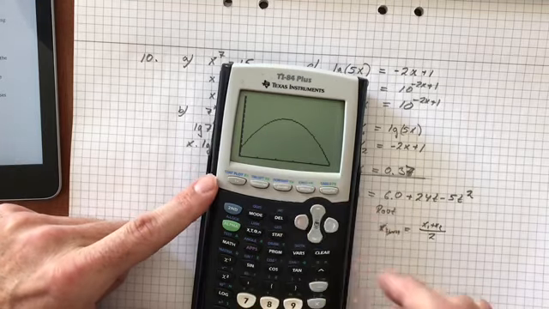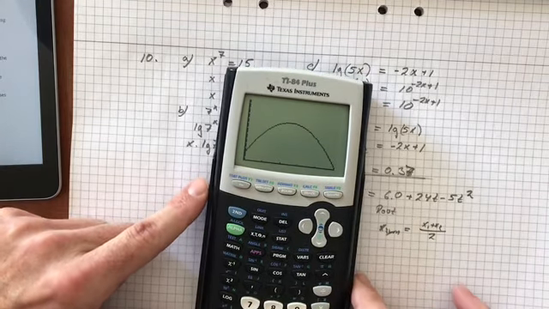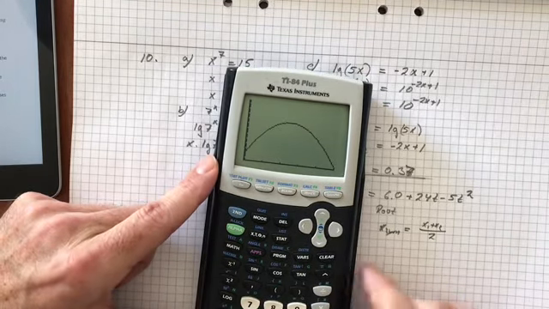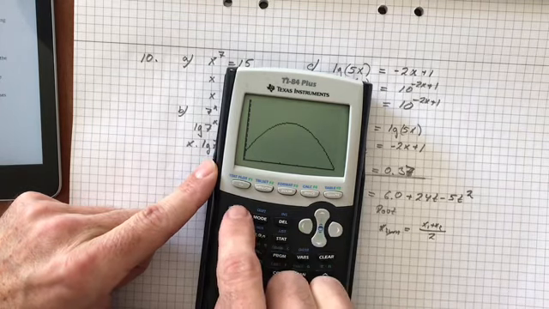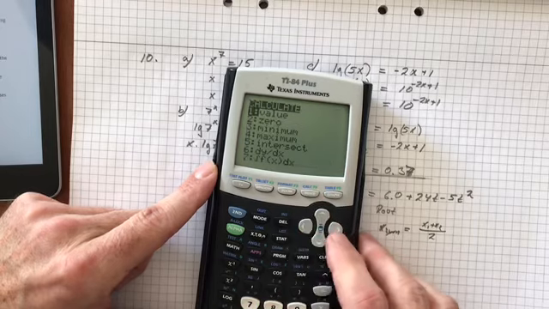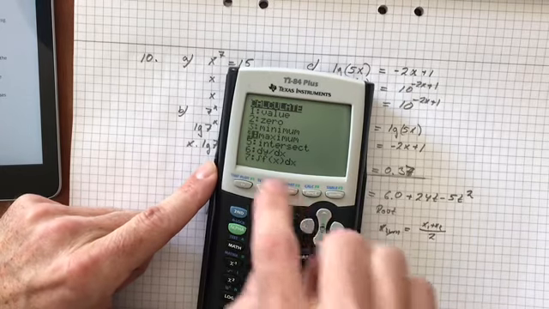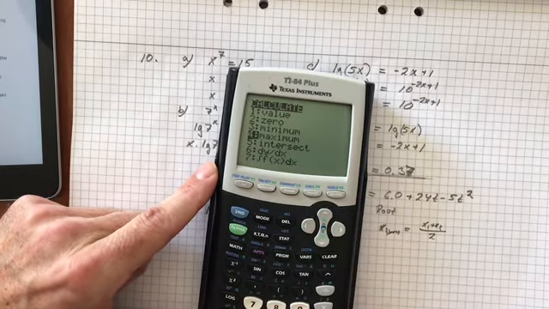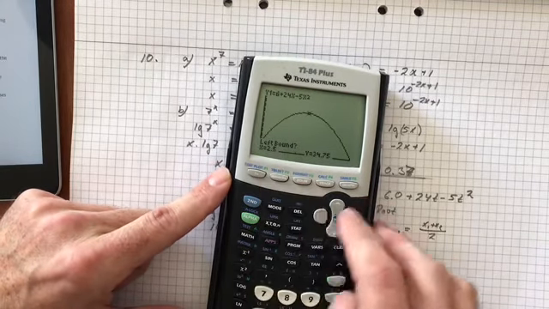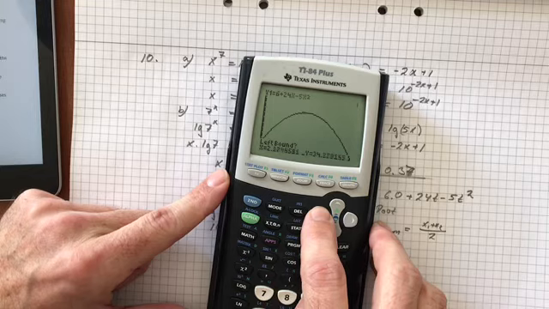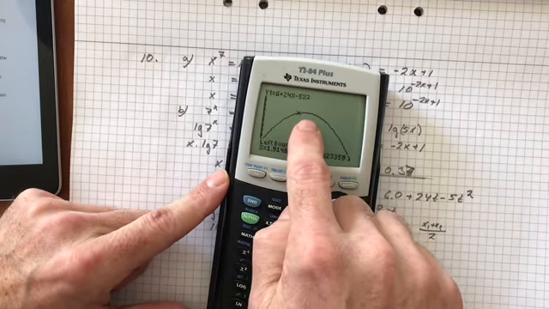And you're supposed to find the maximum height. And you know how to do that. You have to calculate it. So you press the blue key and trace to calculate. And for the maximum, we go down with the arrow to maximum and press enter. Left bound, we have to be on the left side of what we think is the maximum height.